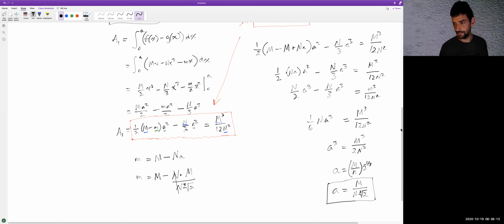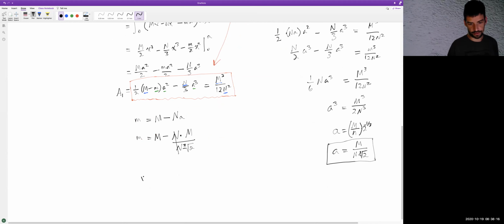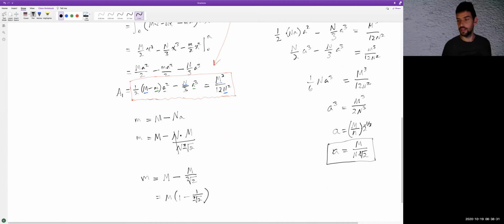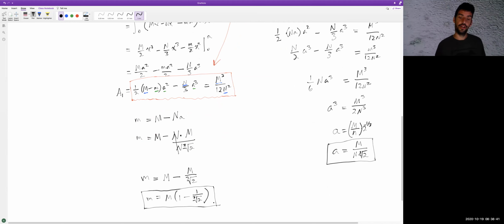The n's cancel, and we end up with m is equal to m minus m over the cube root of 2. If you want, you could factor out the m, 1 minus 1 over the cube root of 2 in either case. And that's it. That is the answer, right? So whatever value of m you have in this problem, this would give you the results, okay?